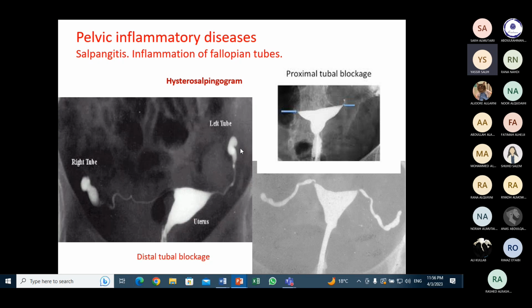There is no spill, and there is a hydrosalpinx with dilated distal uterine tube. Also on the right side, notice the uterine tube here is normal, but here it is dilated. Why? Because there is a blockage in the distal part, the contrast cannot pass, so it has no option but to dilate the distal uterine tube. This is also hydrosalpinx, called hydrosalpinx with no evidence of peritoneal spill of contrast. And this is also an HSG.